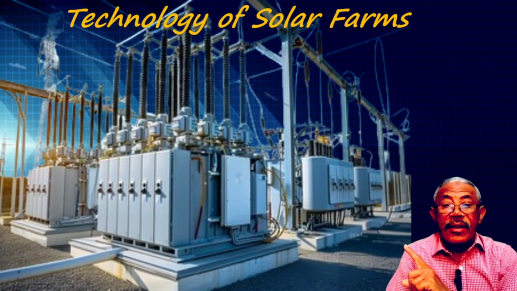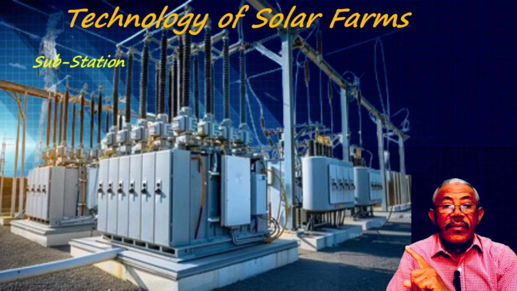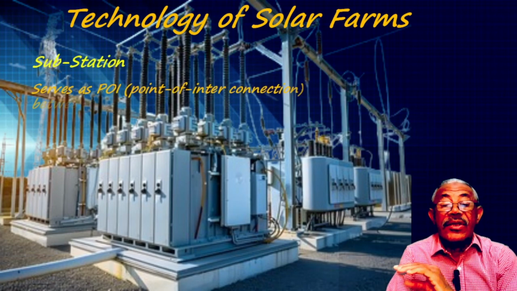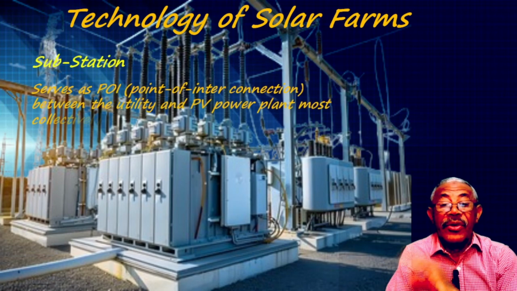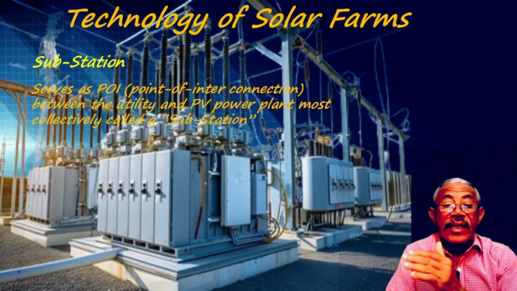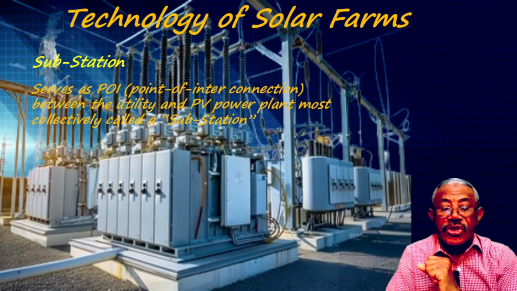This supervisory system gathers data from the plant and sends the control and command to the plant. This is a typical substation which serves as a point of interaction or interconnection between the utility and PV power plant, collectively called substation.